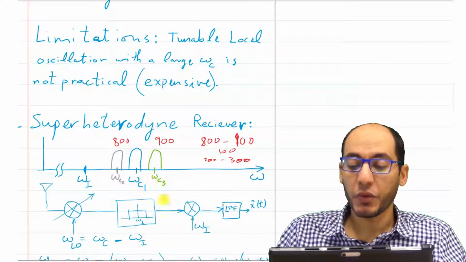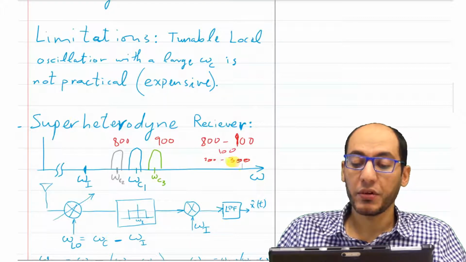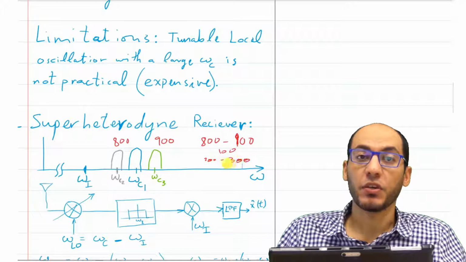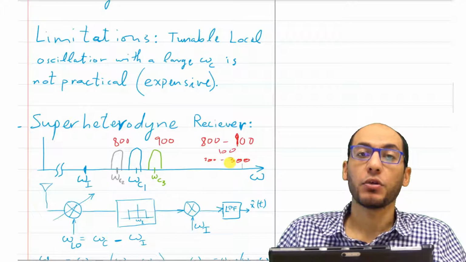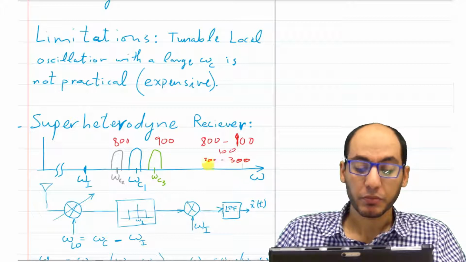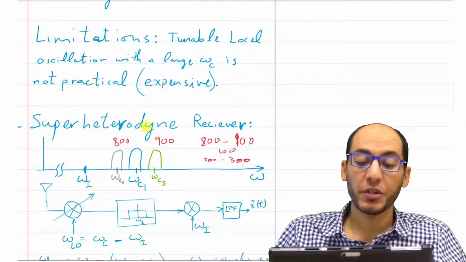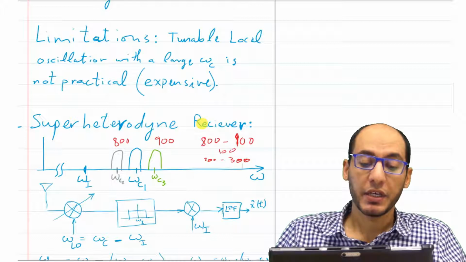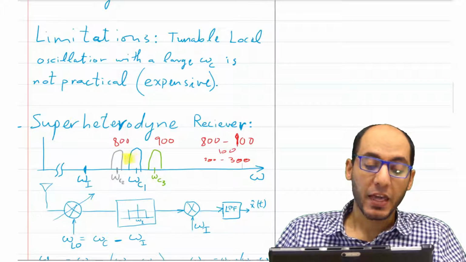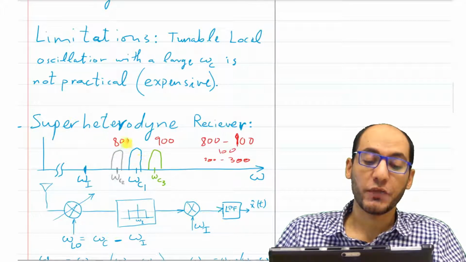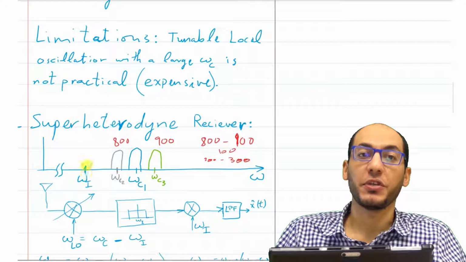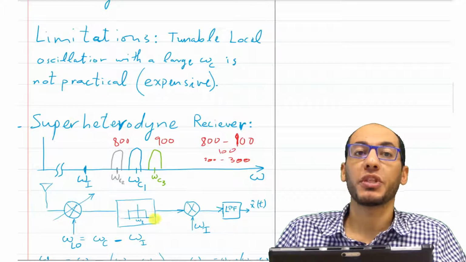So even though the range is still 100 kilohertz, when the value of the center frequency is small, the local oscillator is going to be cheaper. So what the superheterodyne receiver does is that it takes the entire signal and shifts it to an intermediate frequency, omega I. Okay, so it does it in two steps.